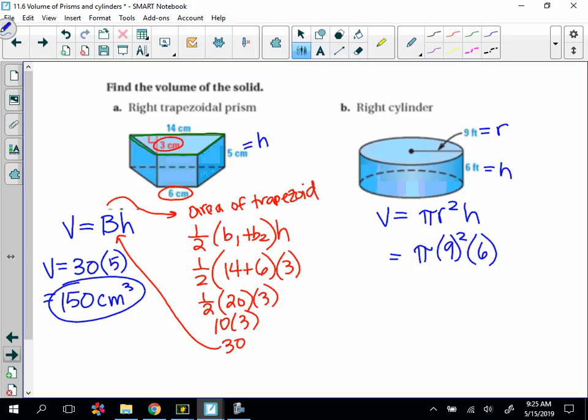So I'm going to first write this in terms of pi. So when I take 9 squared, which is 81, and multiply by 6, I get 486 pi. So if I had directions that said leave it in terms of pi, I would stop here.